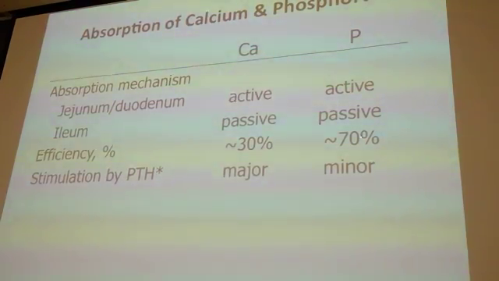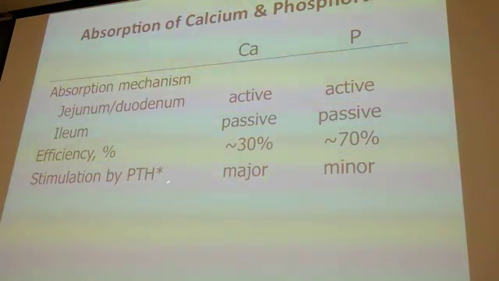So you can see that there's a difference in the efficiency of absorption between calcium and phosphorus. So for calcium, about 30% is absorbed under basal conditions. However, it's under a high amount of regulation by different hormones.